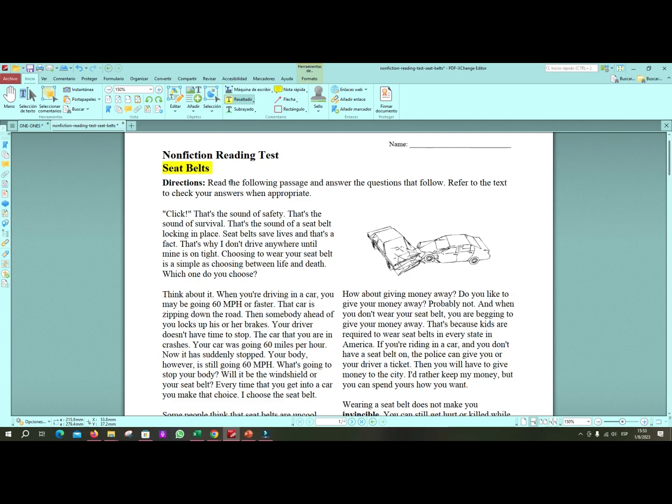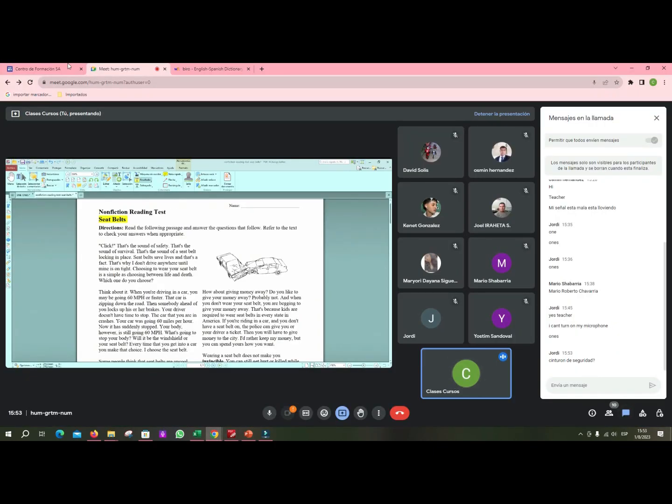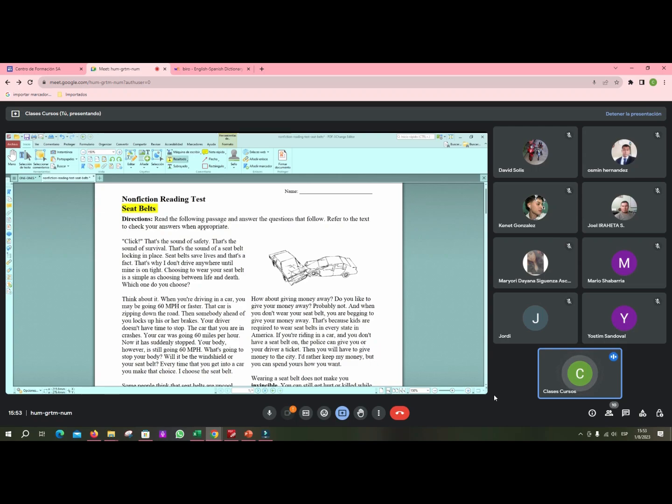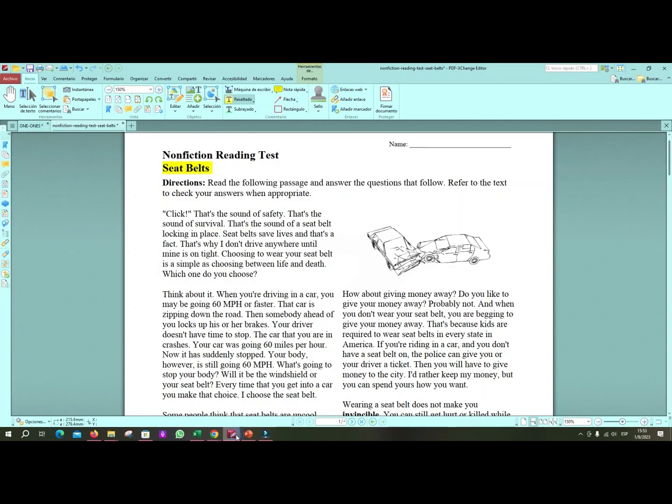Where's the seat belt? Do you know, Mr. Juan? I guess you have a car, right? Do you have a car, Mr. Jordi? If you have a car, you know them, right? So, we're going to read about how important it is to use one.